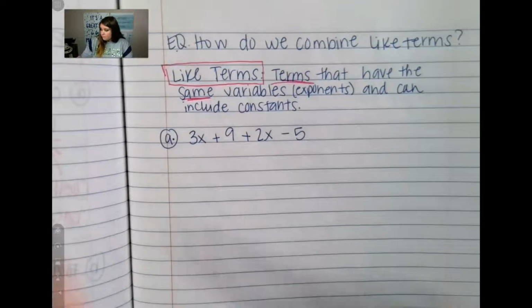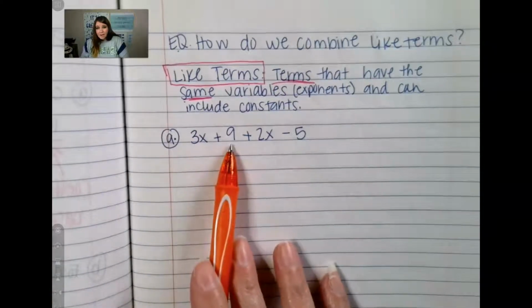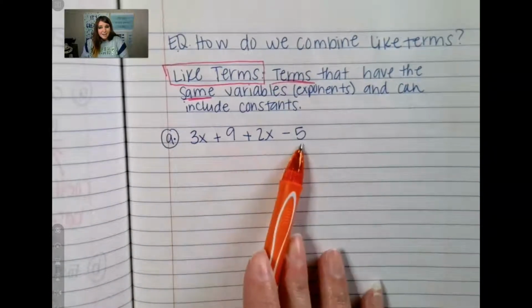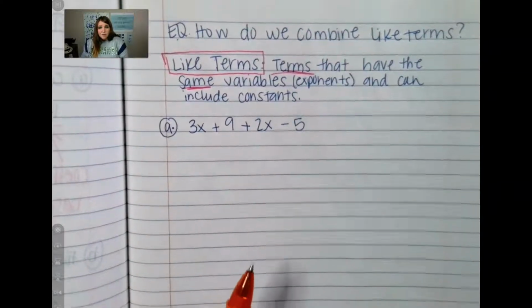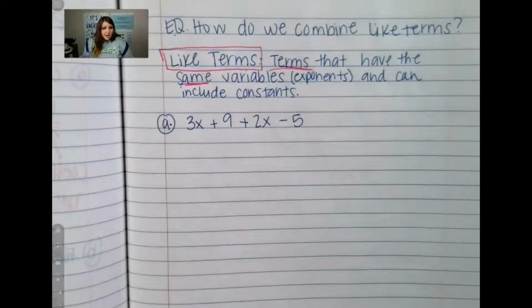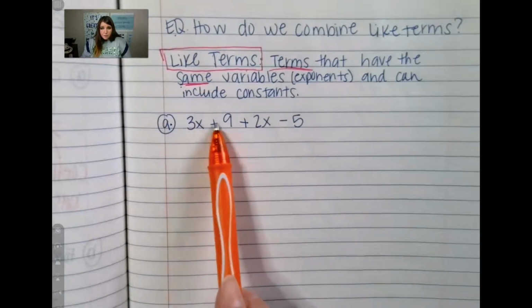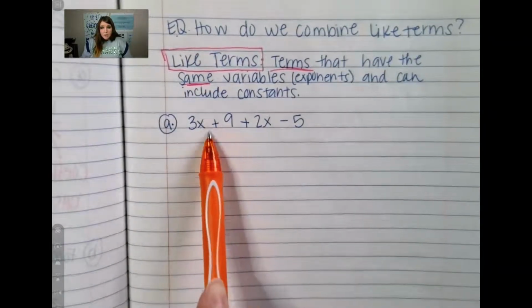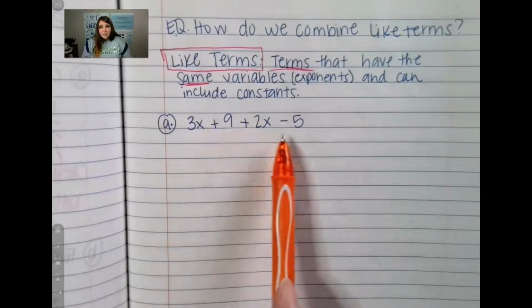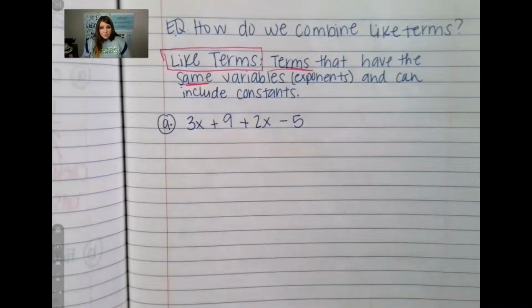I have a 3x, I have a 9, I have a 2x, and I have a negative 5. So my terms are just simply putting a comma in between each of these things, right?